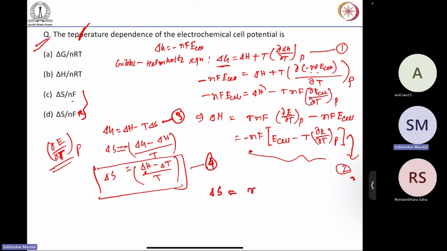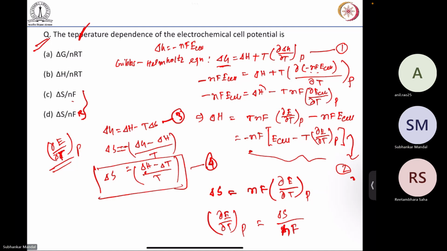Delta S is equal to NF delta E by delta T at constant P. So that means delta E by delta T at constant P will be delta S divided by NF. So this is the answer. So here you can see it is delta S by NF. Okay. So this way you can proceed to these problems.